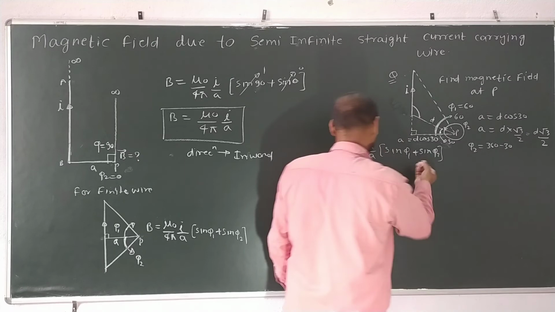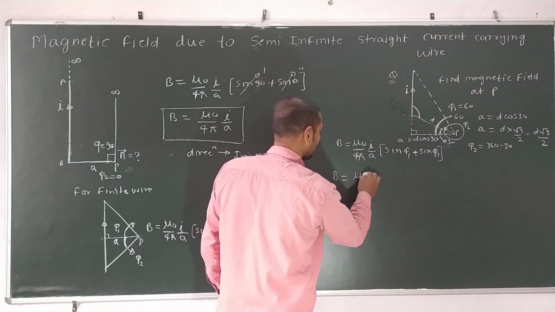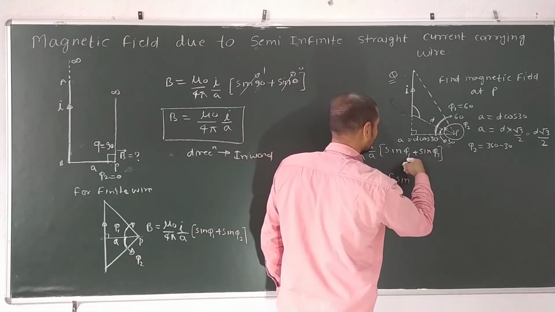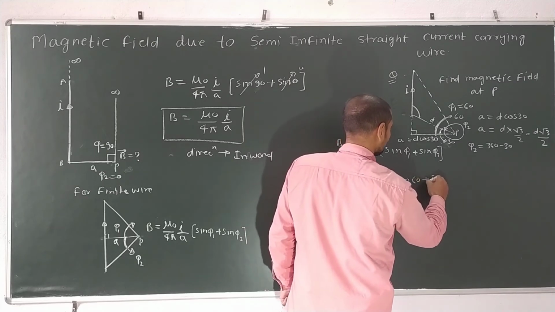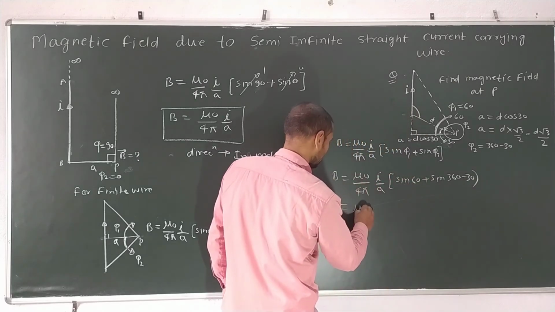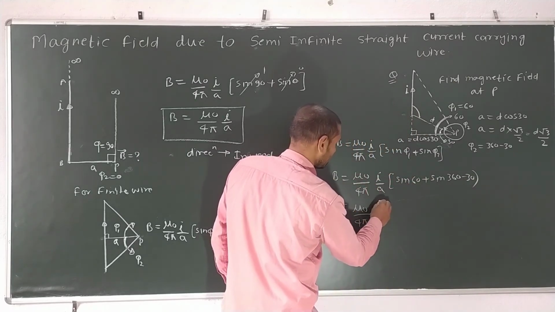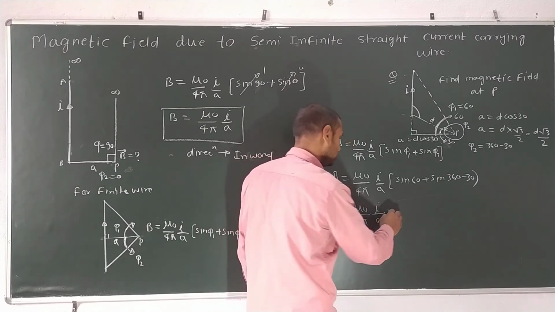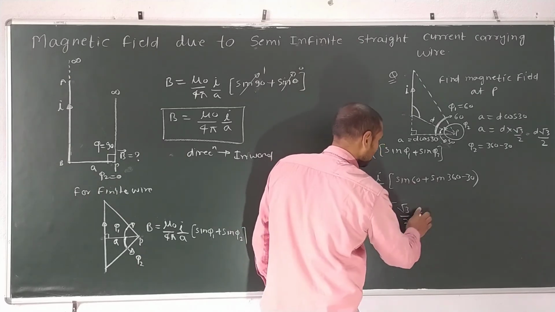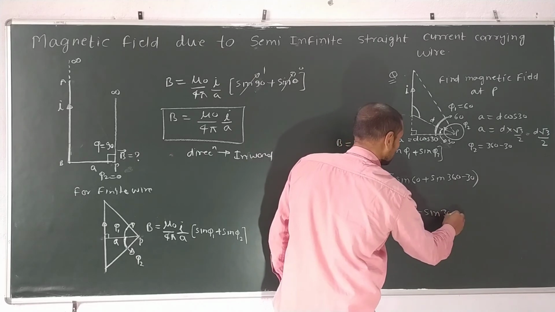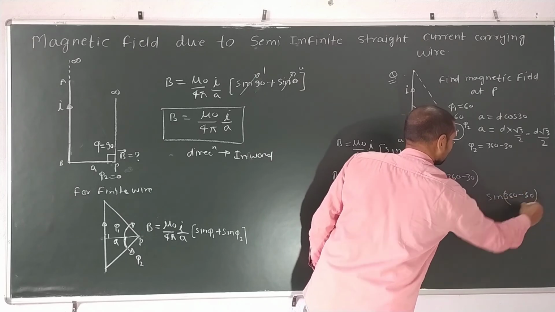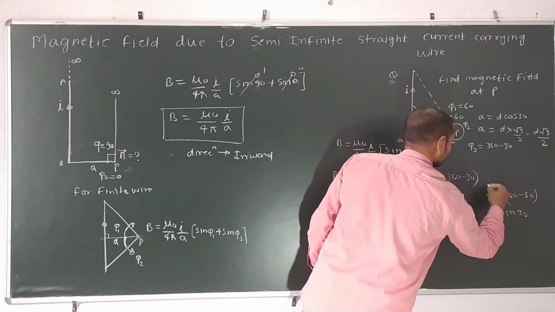So we place there the value of phi 1 and phi 2. We find mu naught upon 4 pi, I upon A, and sine phi 1 that is 60 degree, plus sine 360 minus 30 degree. This gives mu naught upon 4 pi, I upon A, sine 60 that is root 3 upon 2, plus sine 360 minus 30 degree, which gives the value minus sine 30 degree.